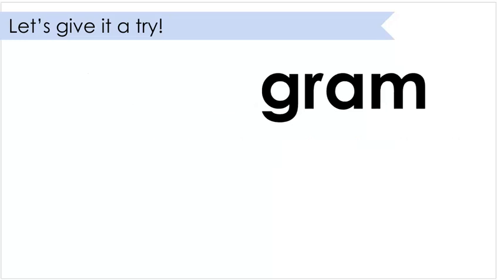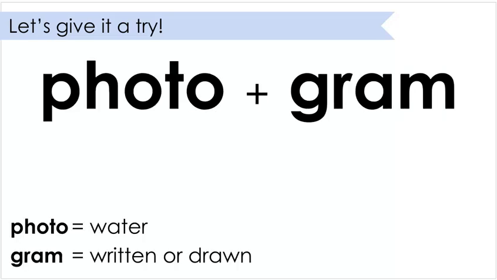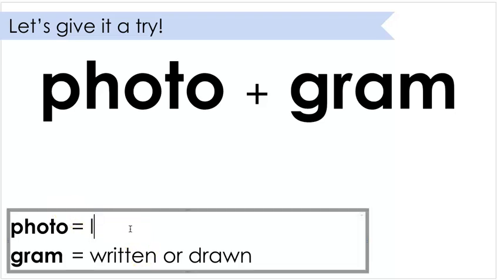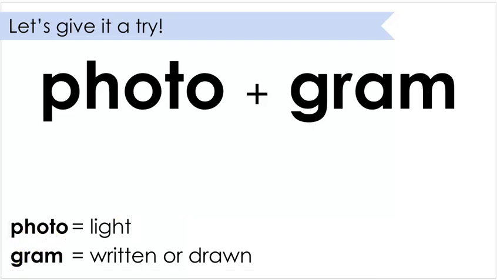Let's do another one. This time we're going to shift over to gram, and we're going to add the prefix photo. Photo does not mean water. Photo means light. And of course, gram means written or drawn.